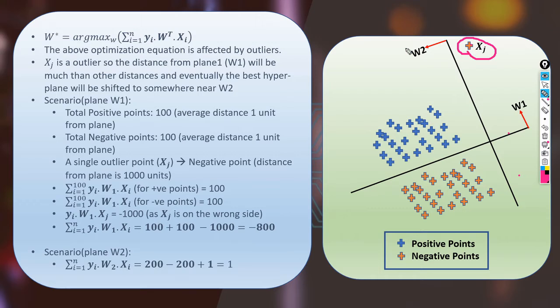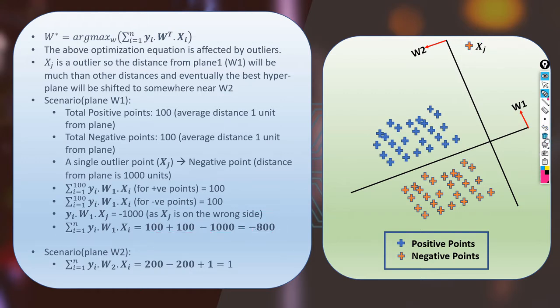So the signed distance will be minus, because it is misclassifying, and the distance value will be 1,000. Now if you do the whole summation, positive 100 plus positive 100 and negative 1,000, it will be minus 800. So for plane W1, the summation of signed distance is minus 800.